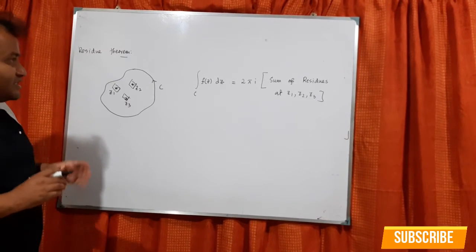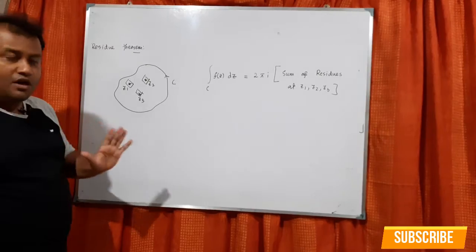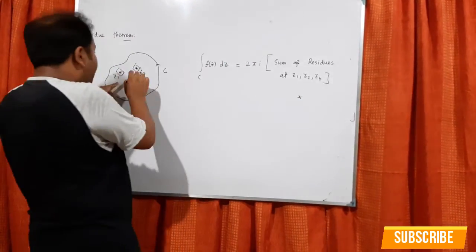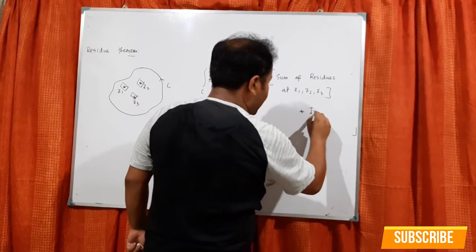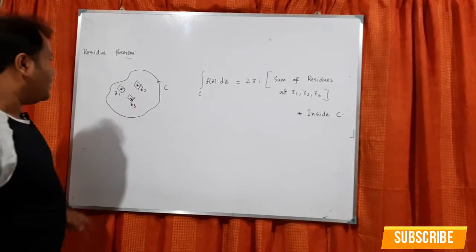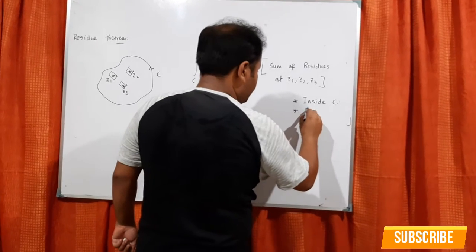That means residue will help us to find the integration over a curve. But here 2 things you need to understand. That is, the point should be inside the curve C, and it must be a finite number of points.